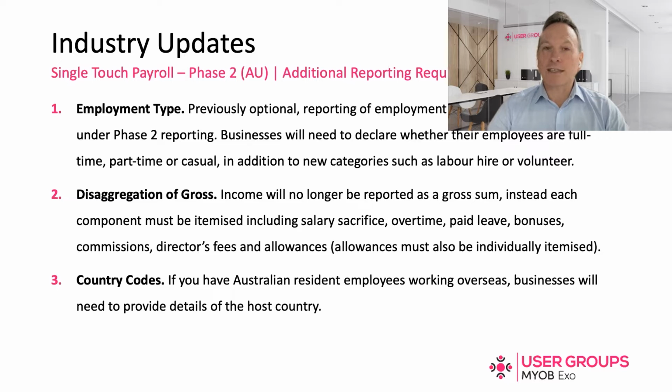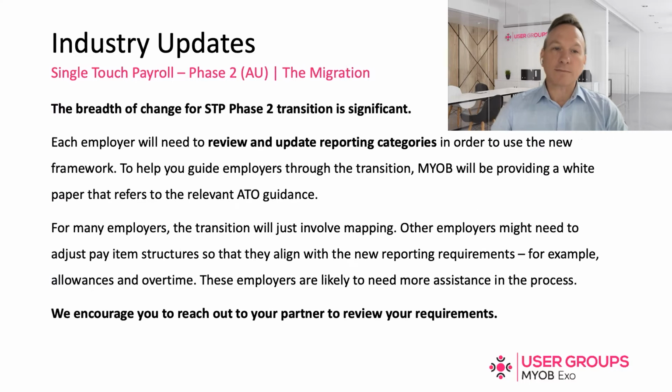Disaggregation of gross figures is a really key one here, in that we now need to report individual income types. It's not a single gross sum, but each component must be itemized, including, for example, salary sacrifice, overtime, and those other elements. And that's where there may be some work that you need to undertake during your Phase 2 STP transition, and also country codes where you're employing staff that are working overseas.